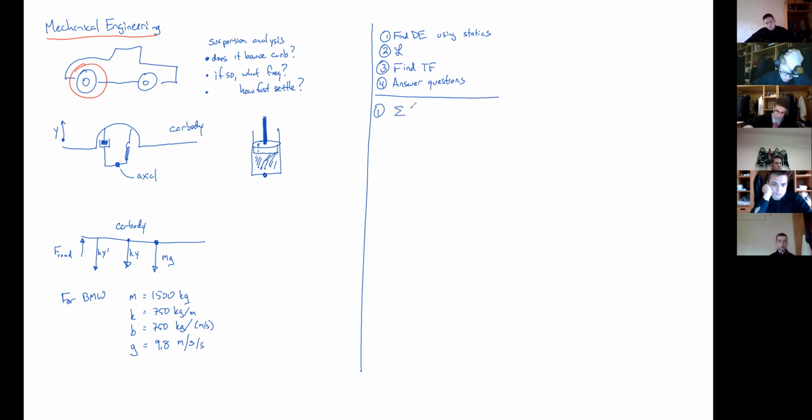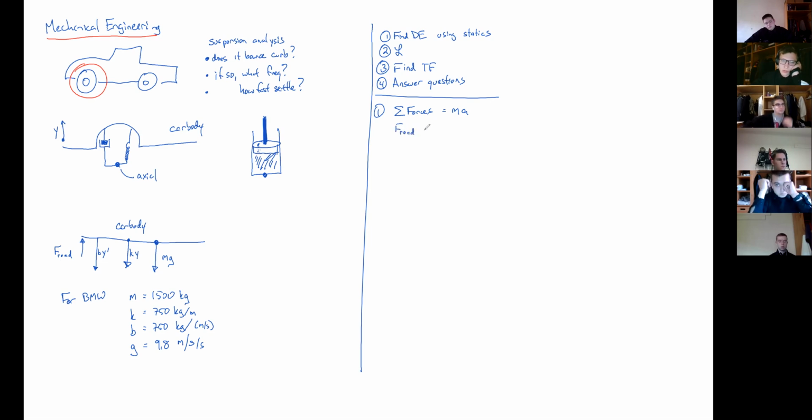Statics says that the sum of the forces in the vertical direction is equal to mass times acceleration. I guess that's actually dynamics, but it makes sense. If the thing isn't moving, the sum of the forces is going to be 0. And if it is moving, it's going to be mass times acceleration. So we can add up all the forces right here. In the positive direction, we've got the force of the road.